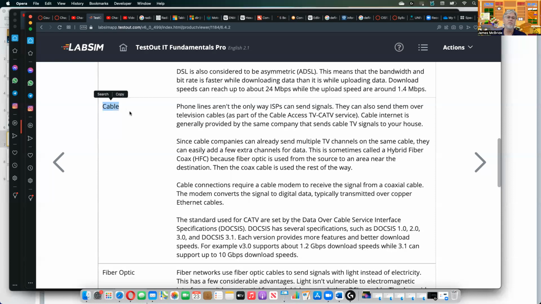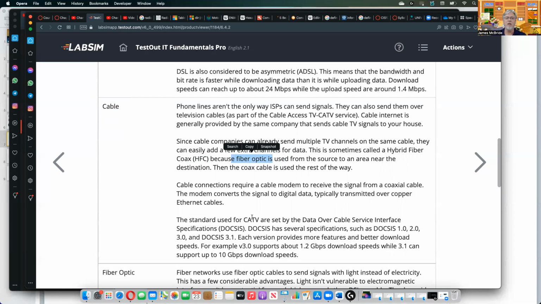This cable was run for cable access for TV, and that was much later, starting in the 80s. So they use a coaxial cable. And lots of times they use a fiber optic cable to take it to the neighborhood and then coaxial from there. And so they're really, really set up to be able to just, here's your internet, right?